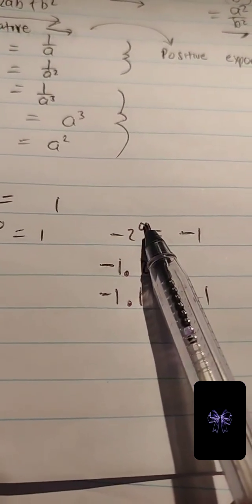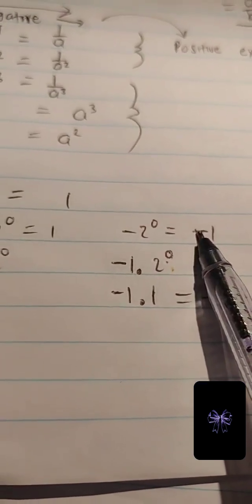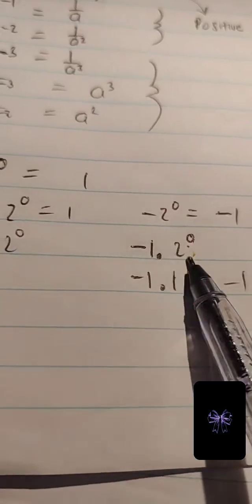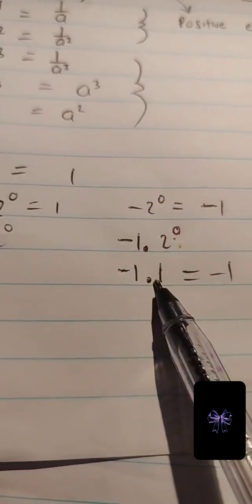Negative 2 to the power 0 is actually going to give us negative 1 as an answer. Why? Because this negative sign indicates a negative 1 that is multiplied by the 2, which is raised to the power 0. And therefore, the multiplication of a negative and a positive 1 gives us a negative 1.